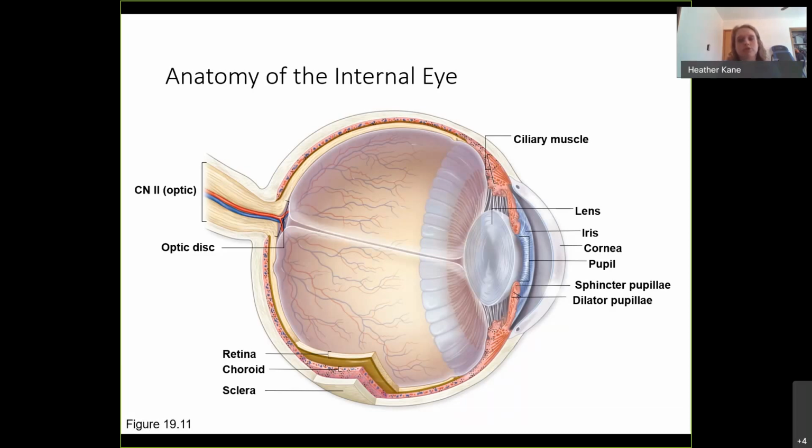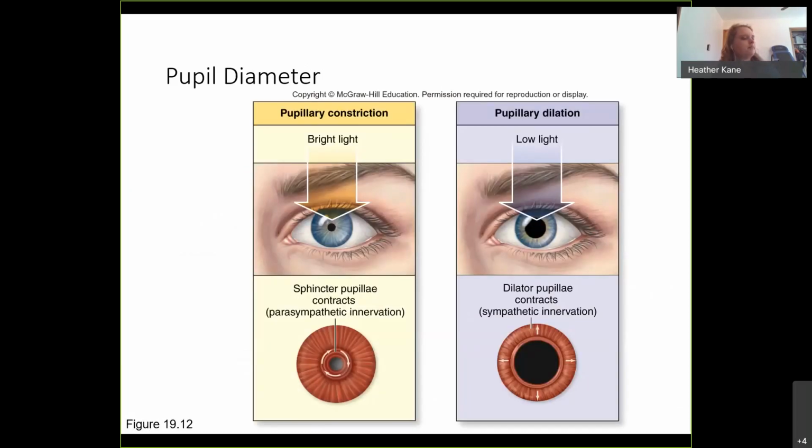It's going to cause that pupil to become larger. Let's take a look at that. Here's the sphincter pupillae. When that sphincter pupillae is contracted, that pupil is going to become much smaller, and this happens when you have really bright light.